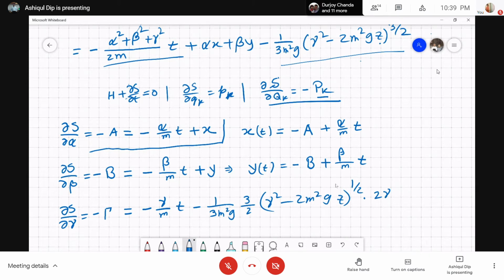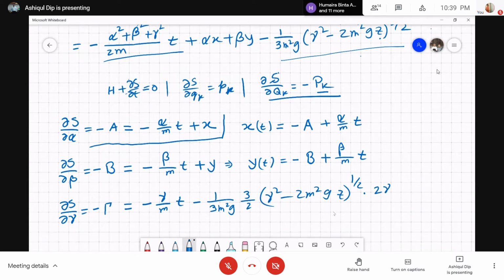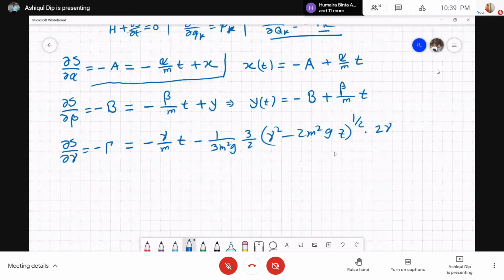Now you invert this thing and find the solution for z. How do you invert this thing? You have to find z here. So do the simpler calculation. This thing cancels out, and these two cancel out, right?